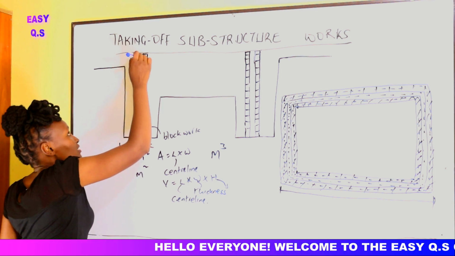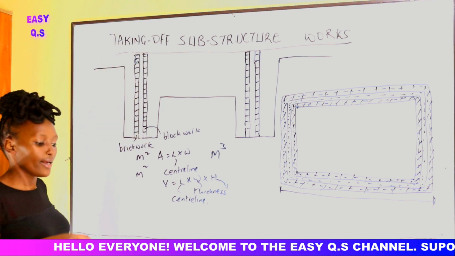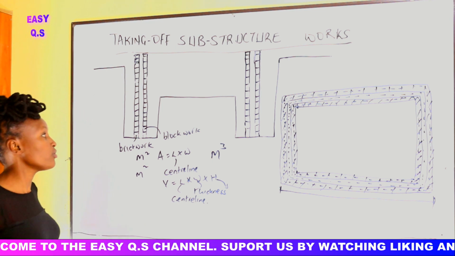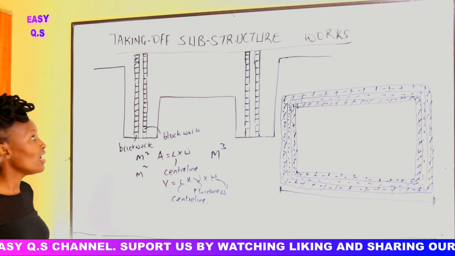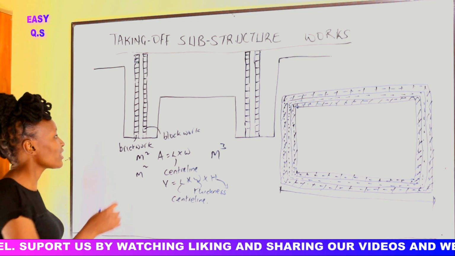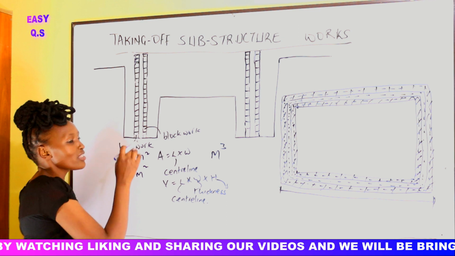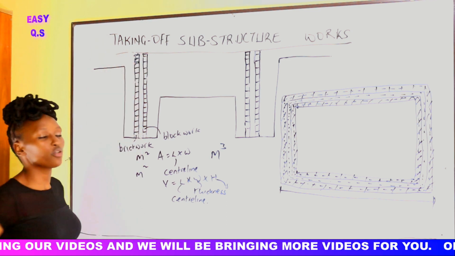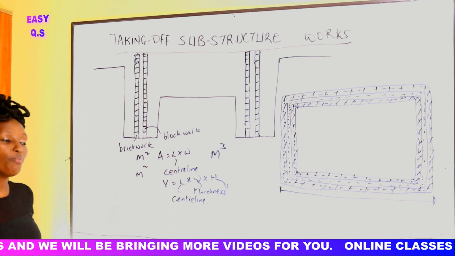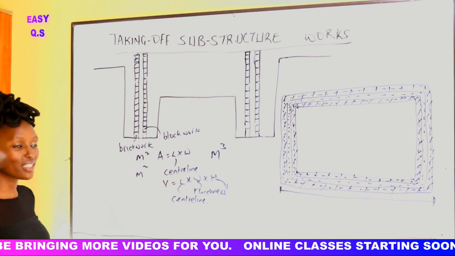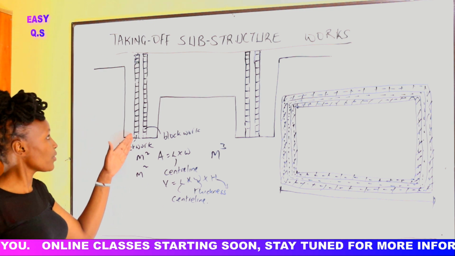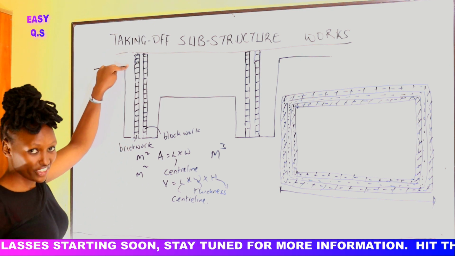So these two courses, we need to adjust them, and they should be on the superstructure side. How we measure that is in meters squared. We shall take the center line of the brickwork, just like we had taken it, then multiply by the height we need to adjust.